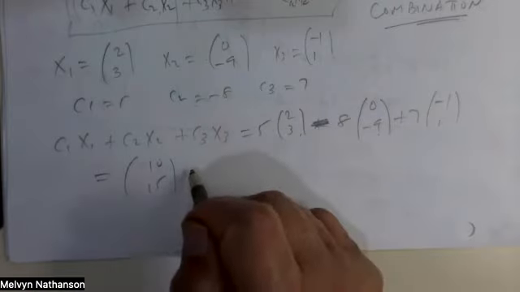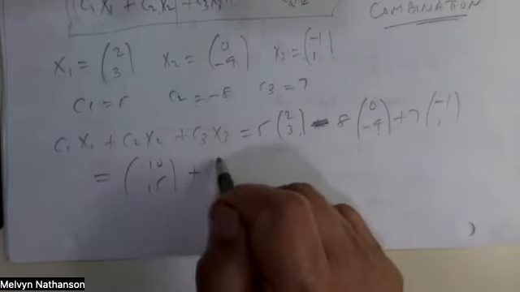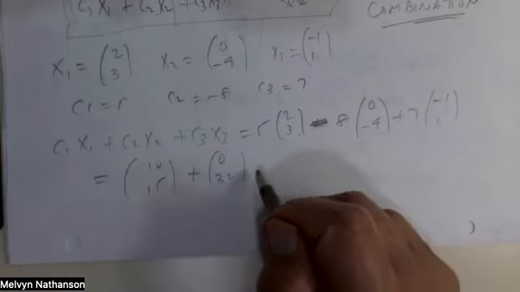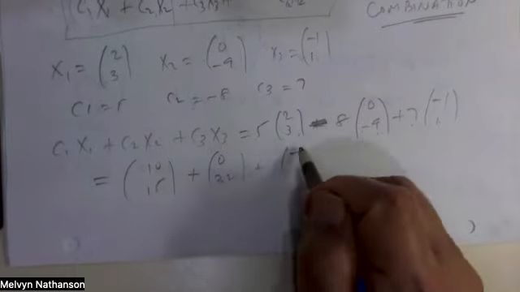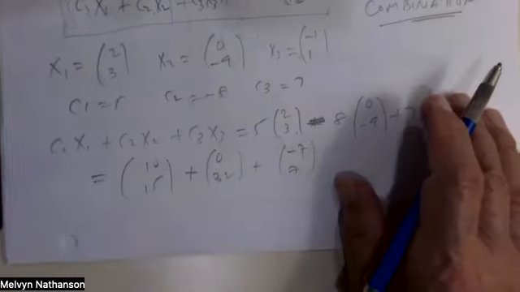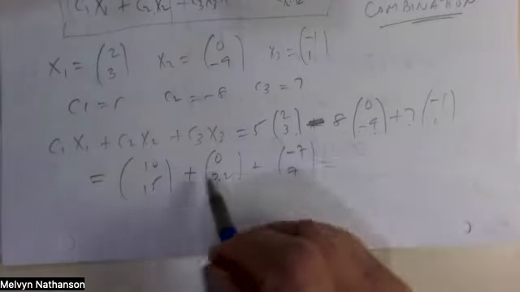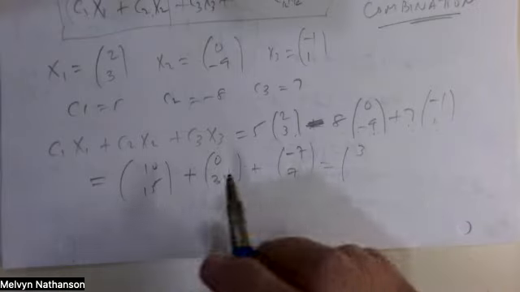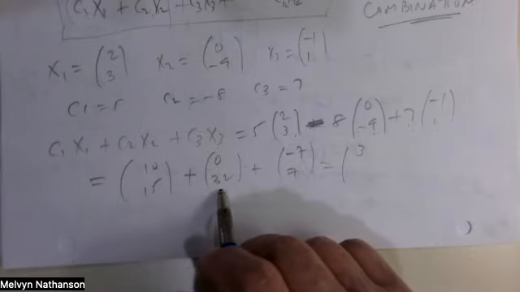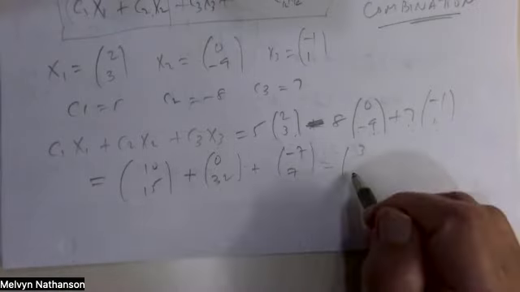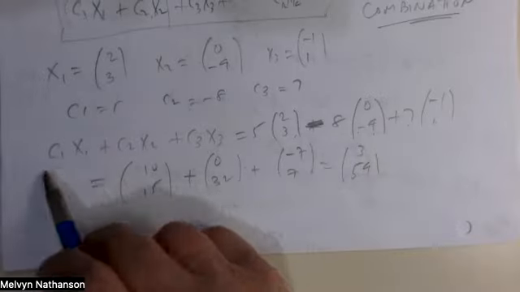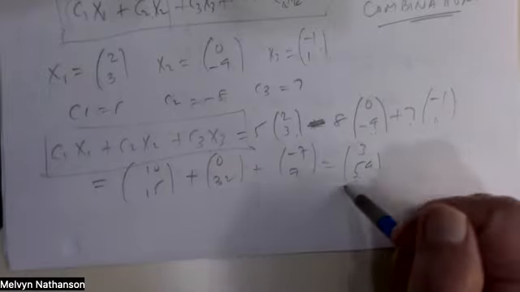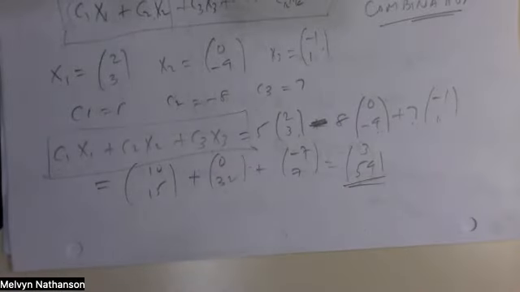What is -8 times this vector? (0, 32), since minus times minus is plus. What is 7 times this vector? (-7, 7). You add vectors by adding coordinates. The first coordinate, 10 plus 0 minus 7 is 3. Second coordinate, 15 plus 32 is 47, plus 7 is 54. So this linear combination of these three vectors with these three scalars gives the vector (3, 54).